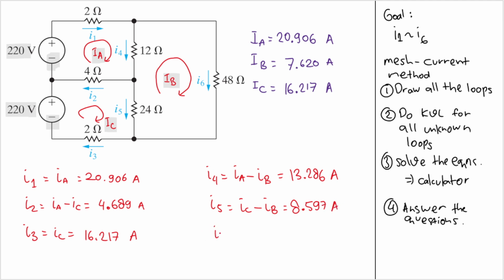And then what is I6? I6 is the same as IB, so we can just copy it: 7.620 ampere. And we have finally found our goal here, I2 until I6. I1 until I3 is here, and I4 until I6 is here. I think that's all for this problem. Thank you for watching. See you in the next video. Bye bye.